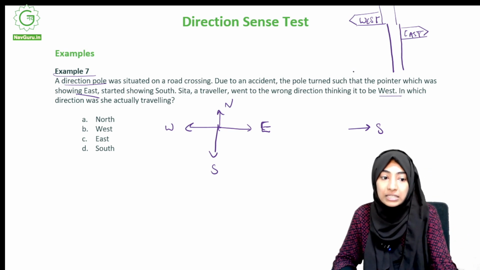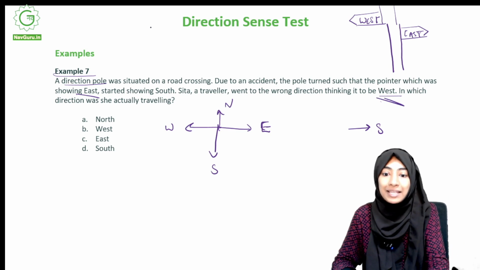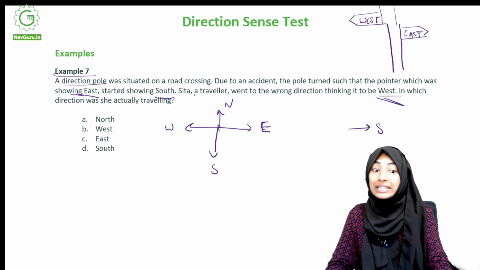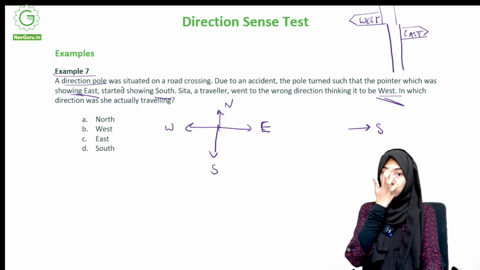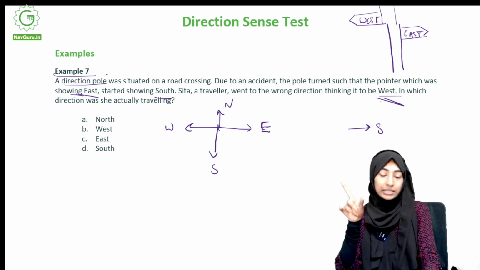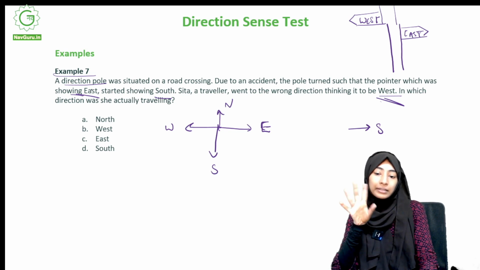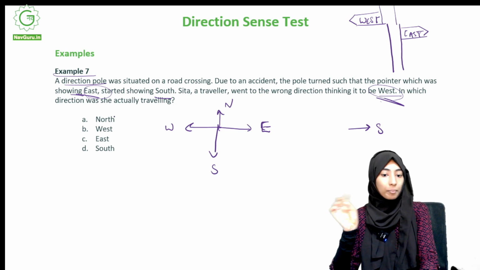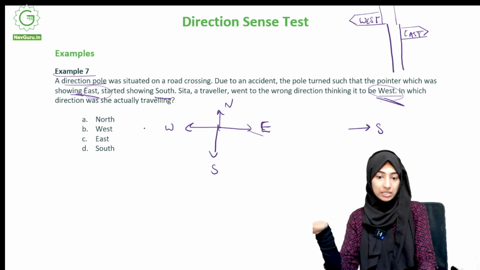For that, first, here east became south. East is the direction which the pointer showed initially. Let's find a relationship between east and west. They are opposites. If east is on this side, west is on that side.